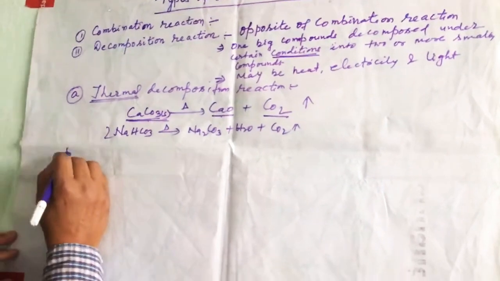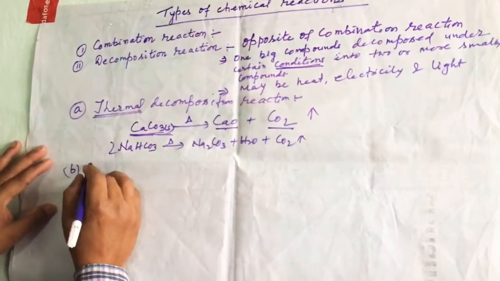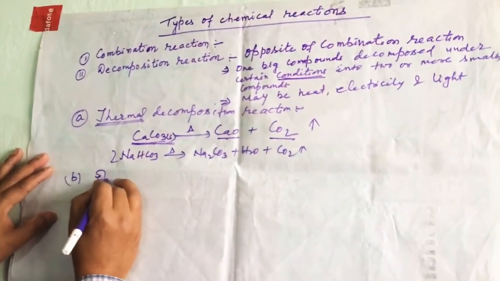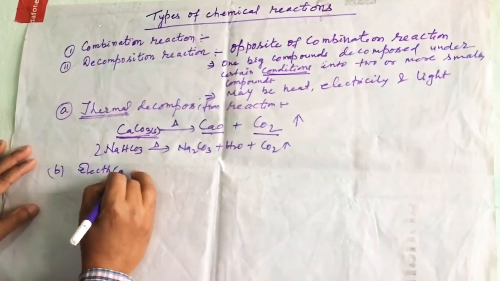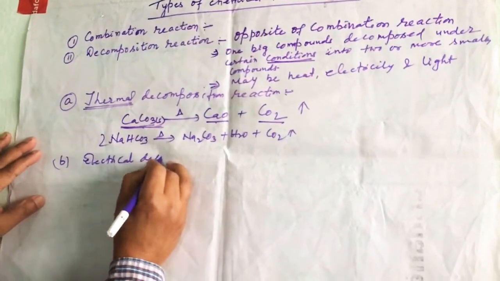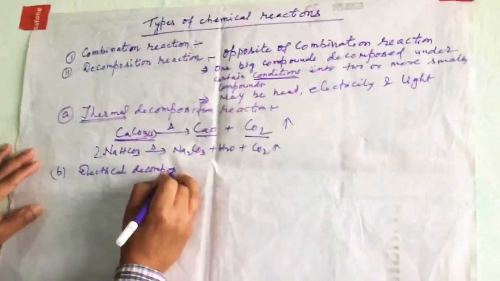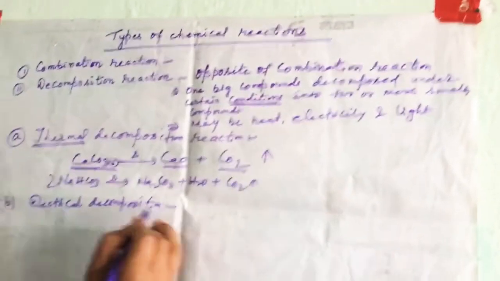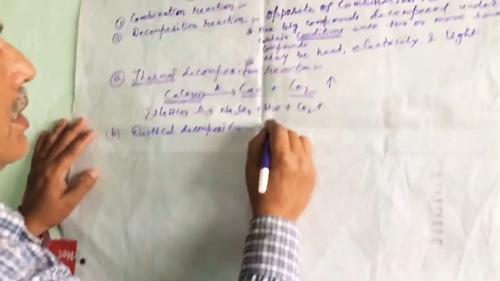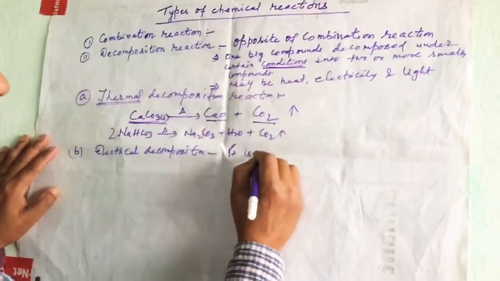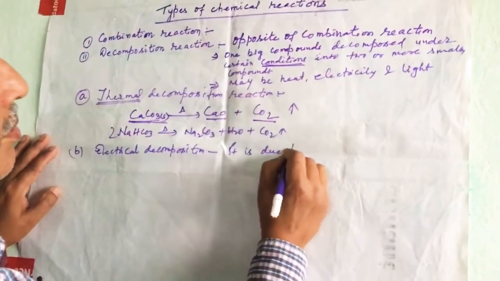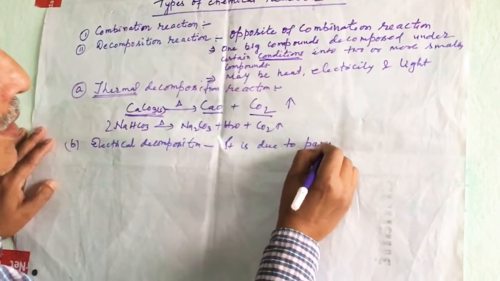The second one is electrical decomposition. So it is due to passing electric current.